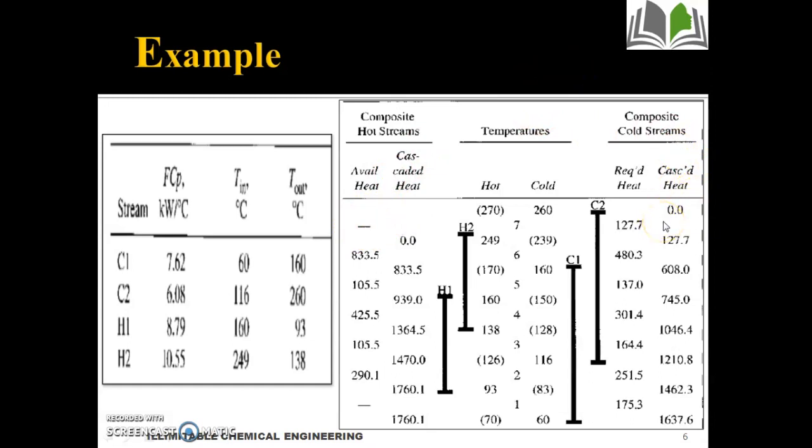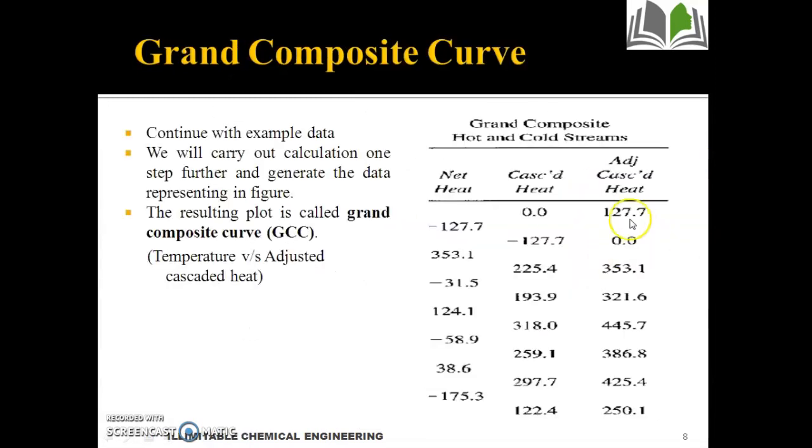We can calculate the required heat and finally get this cascaded heat data. Now by adding the highest minus number into this column, and again adding all the heat, you will get the adjusted cascaded heat.